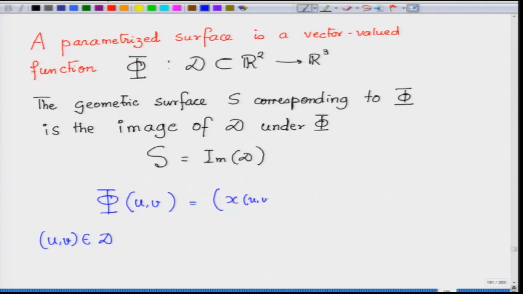X coordinate, y coordinate corresponding to (u,v), z coordinate corresponding to (u,v).